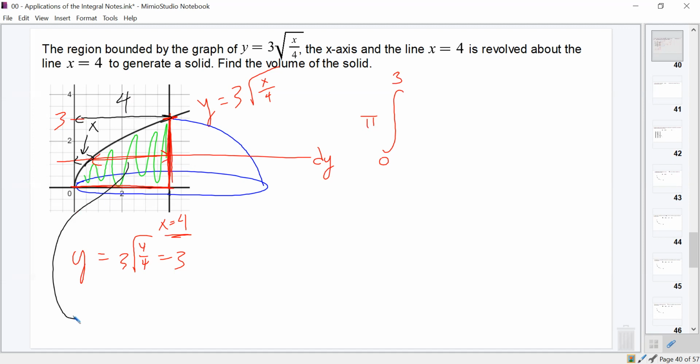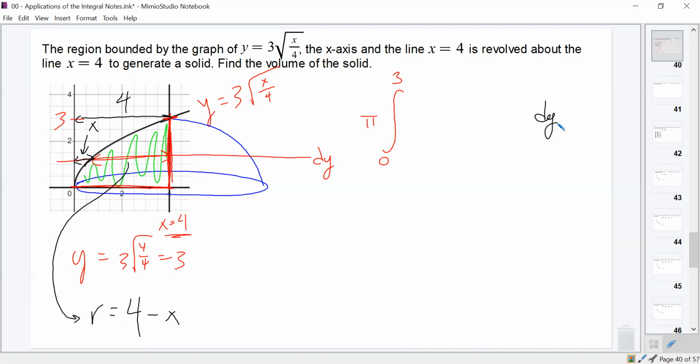So our radius is going to be that full distance from the y-axis to x equals 4, that distance of 4, minus the little x value that reaches from the y-axis to the function. So our radius is 4 minus x, but we can't put 4 minus x squared in here because this problem needs to be done in terms of y.